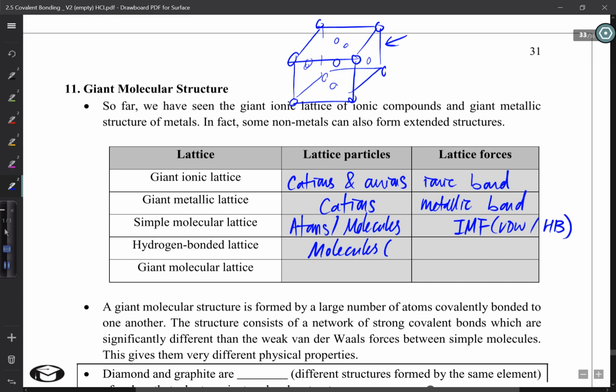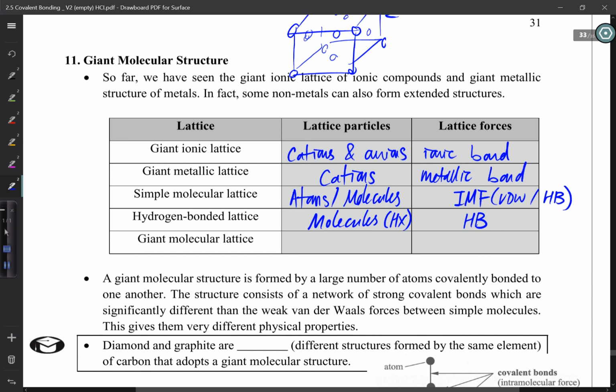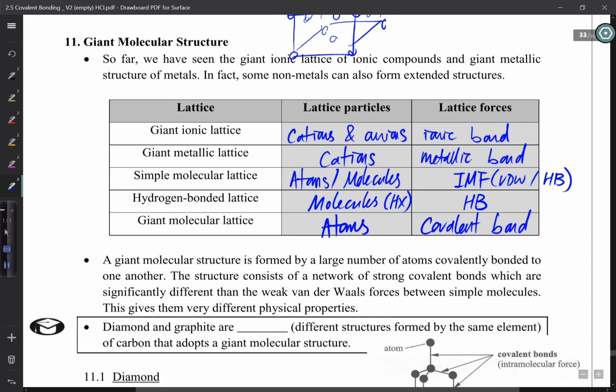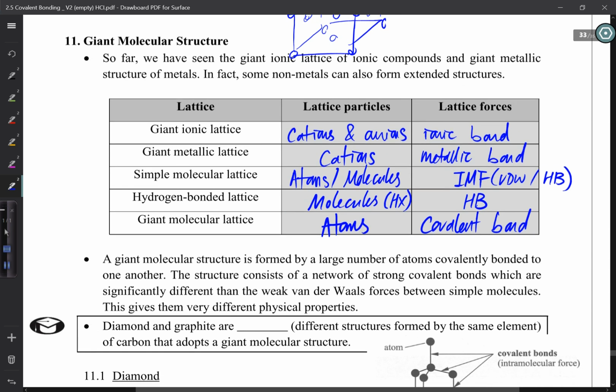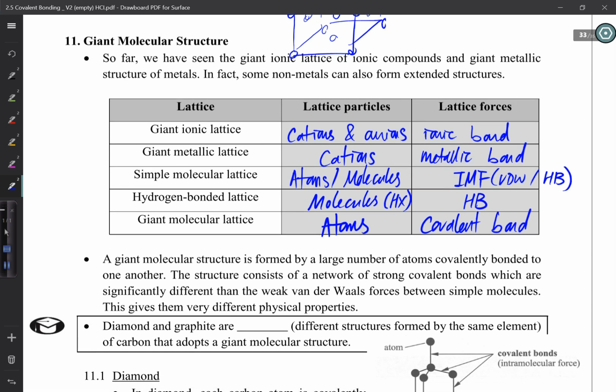Of course, these molecules usually contain H something, HO, HF, HN, and the lattice force is hydrogen bonds. And lastly, giant molecular lattice, where all the lattice particles are atoms, and the lattice force is actually covalent bond. That's the difference between these 5 types of solid state structures.